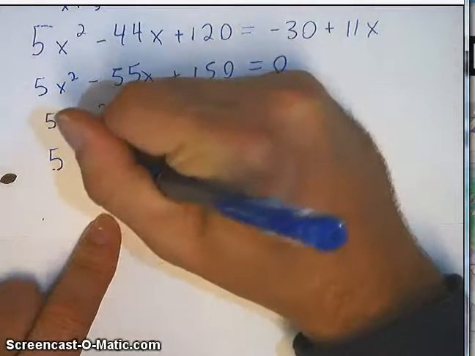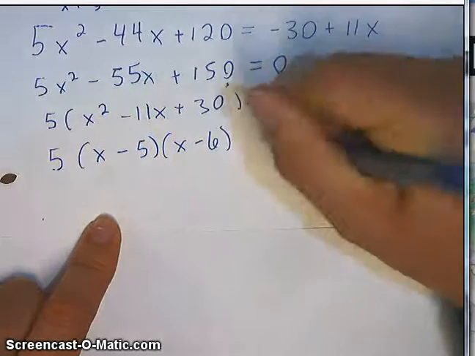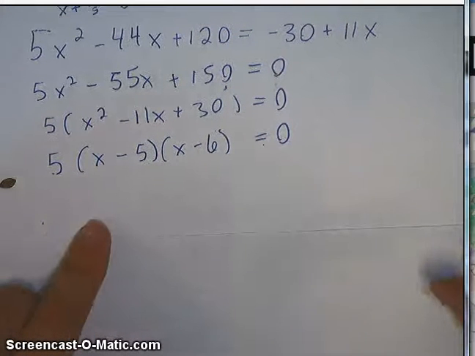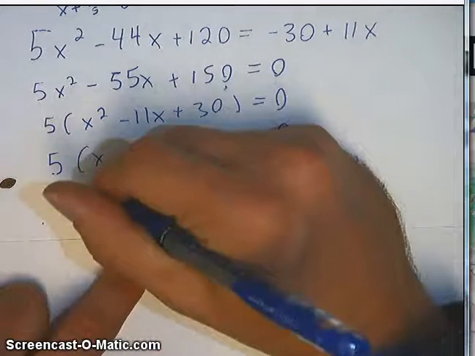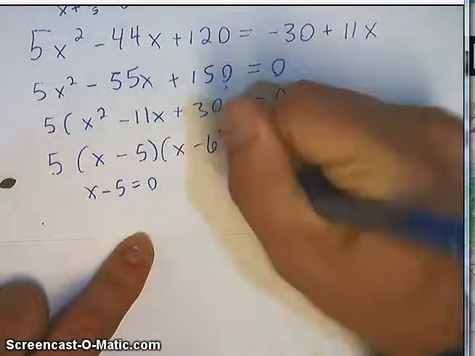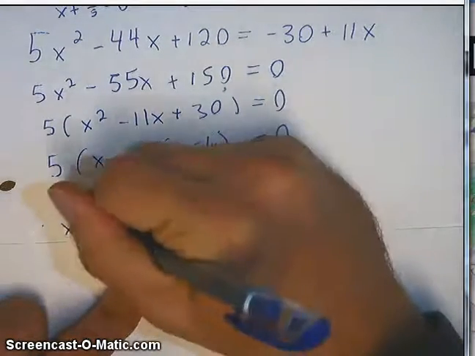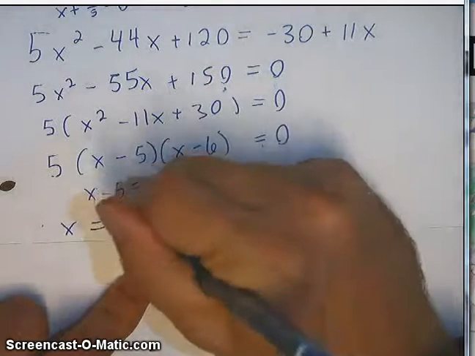So I'm going to factor this as x minus 5, x minus 6 equals 0. Now I'm going to take all my factors and set them equal to 0. I can just ignore the 5 because I can't really set 5 equal to 0. That doesn't make any sense. So I'm going to say x minus 5 equals 0 and x minus 6 equals 0. That means that x equals positive 5 and positive 6.